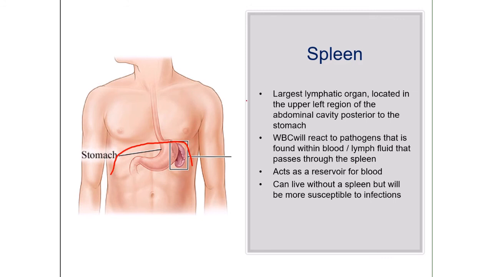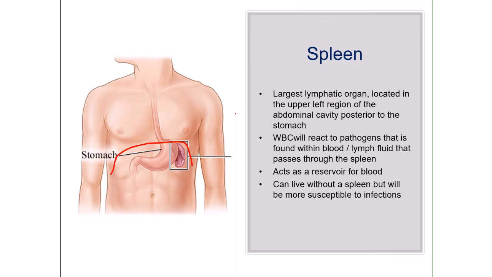And there is an extra thing that it does. It can act as a reservoir for blood. It doesn't hold a lot, maybe 20 milliliters of blood, but if you're bleeding out in an accident, for example, then the spleen can supply a little bit of blood just to keep the blood pressure going, hopefully long enough before help arrives.